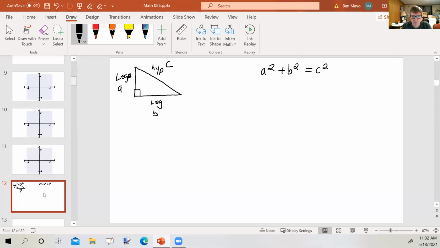So A, B, and C refer to the legs and the hypotenuse of the right triangle. This formula is called the Pythagorean Theorem. So the length of side A squared plus the length of side B squared equals the length of side C squared. We're going to be using this formula to solve this problem.